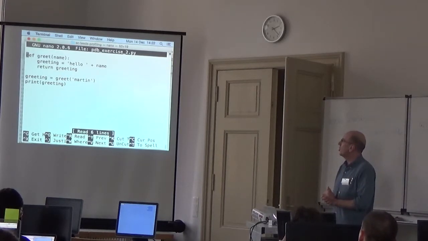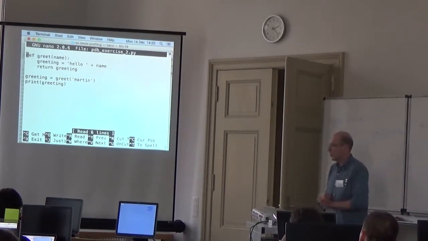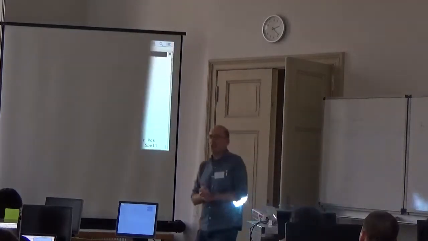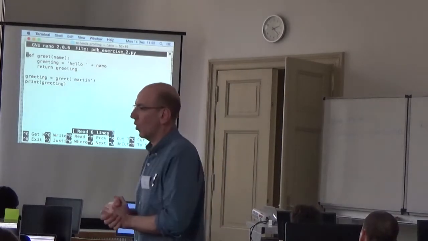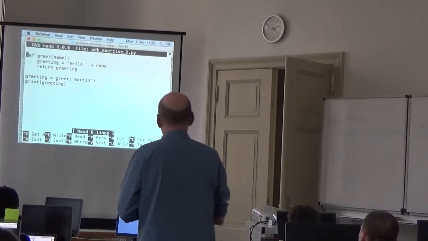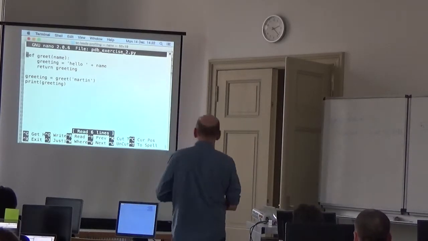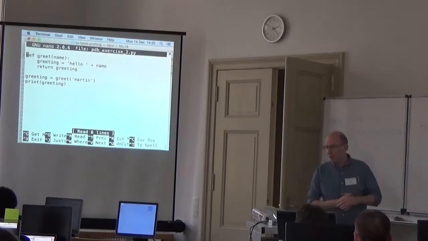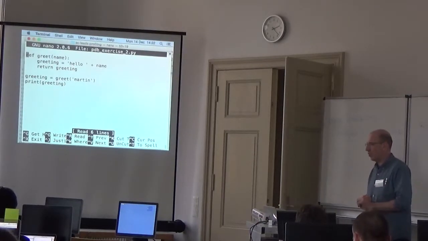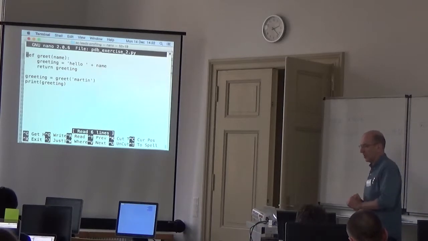For those of you new to Python, spaces, indentation is incredibly important. So you'll see under the def, we've actually got 4 spaces worth of indentation. So if your program doesn't have that, the greeting equals hello plus name line and the return greeting line are indented by 4 spaces.